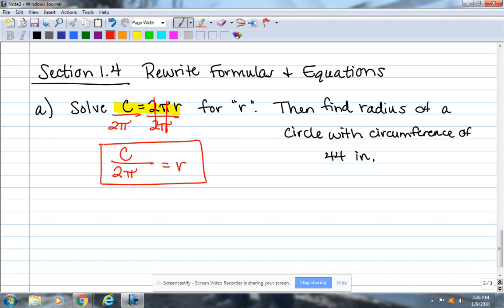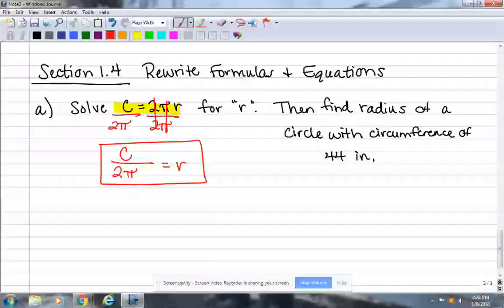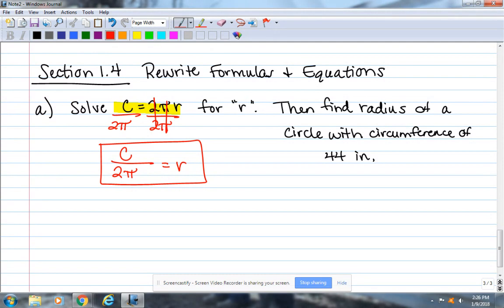All right. Then it says to find the radius of a circle who has a circumference of 44 inches. So that means I'm solving for R, but they told me that one of the pieces of this puzzle is 44 inches. Now, which variable do you think I'm going to replace with 44 inches? C. C, right?